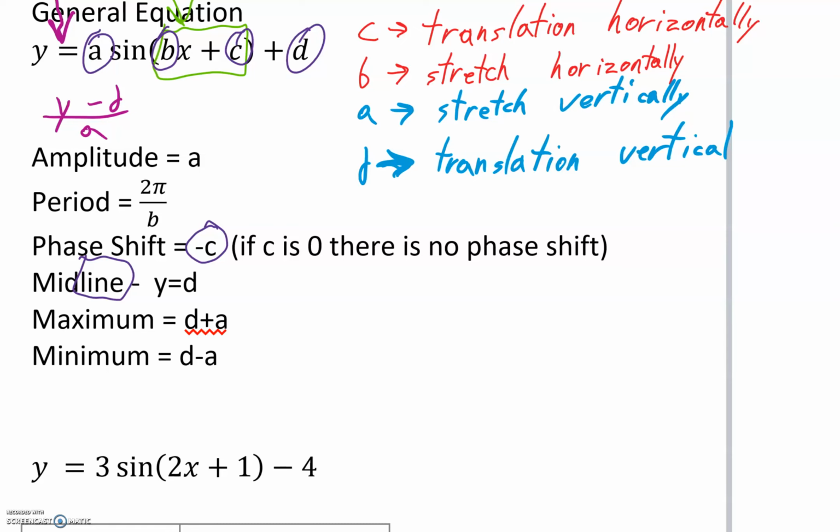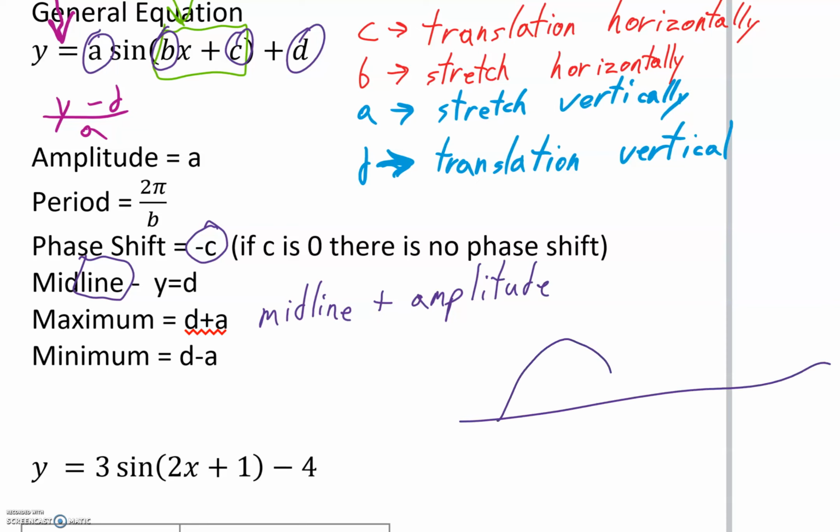Well, d is our midline, plus our amplitude a. It isn't just some random thing. When we have these functions, we have a midline, and the distance from the midline to the maximum is our amplitude. The same goes for the minimum: the distance from the midline down is that same amount, so it's the midline minus the amplitude.